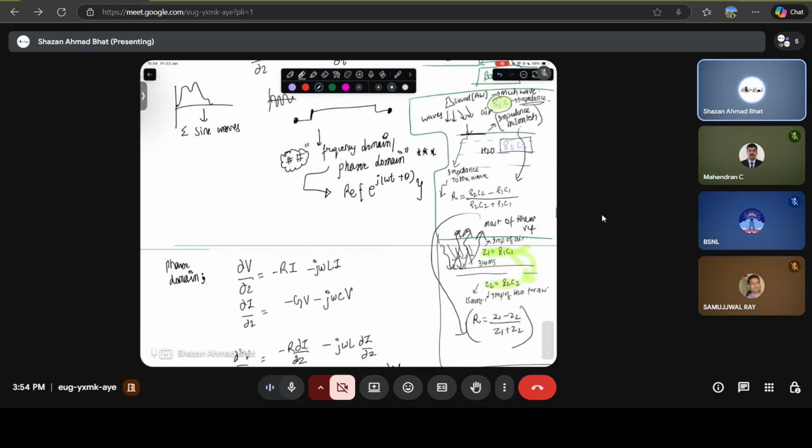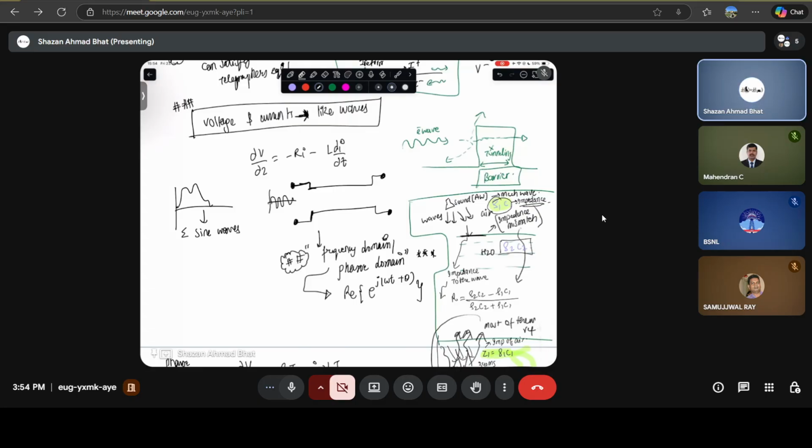That is the similar thing that happens in the case of electromagnetic waves. If you have certain waves going in this direction and it encounters a certain load, which is basically RL, if the load is not matching with the characteristic impedance of the transmission line, let's say this is Z0 and this is ZL.